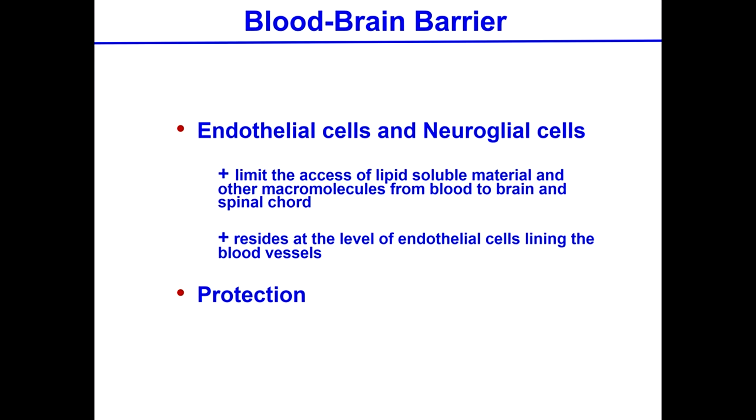The blood-brain barrier is actually a combination of glial cells and endothelial cells, because this happens to prevent certain types of substances from going into the brain. And this is mainly a chemical barrier, if you want. The role is fundamental, but unfortunately it is a problem if you want to deliver things to the brain.